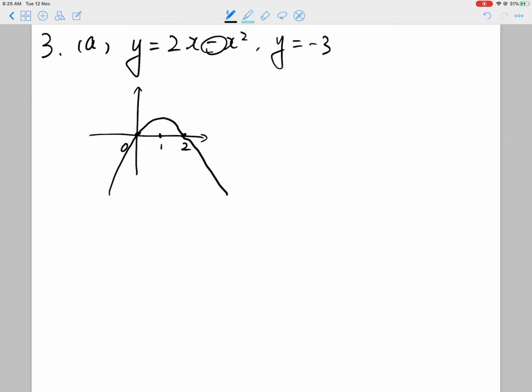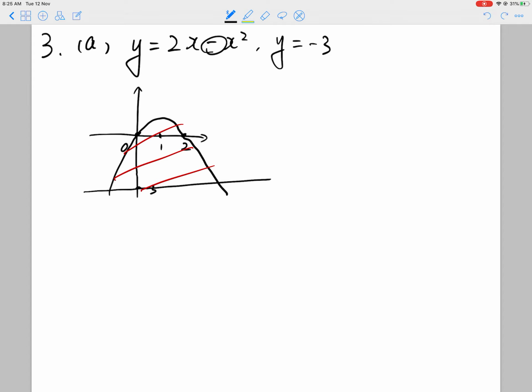When x equals 1, it's maximum, y equals 1. And here is when y equals negative 3. So the area is this. Then how do we represent this area? First, you have to figure out these two boundary points' x values.